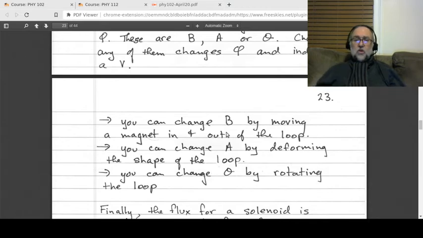So those are the three different ways in which the flux can change. Typically, in anything you're building, like an electric generator, which I'll discuss in a second, it's the theta that changes, and you do that by just rotating the loop. By rotating the loop, you change your theta, and that's how the flux changes.